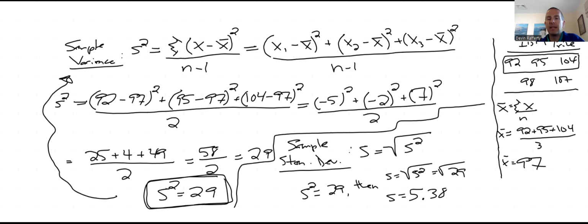Our sample mean is $97. If my memory serves me correctly, the population mean was $99.20. I think in another example, maybe our sample mean was $99. Well, $97 versus $99.20, are those close or are they not?